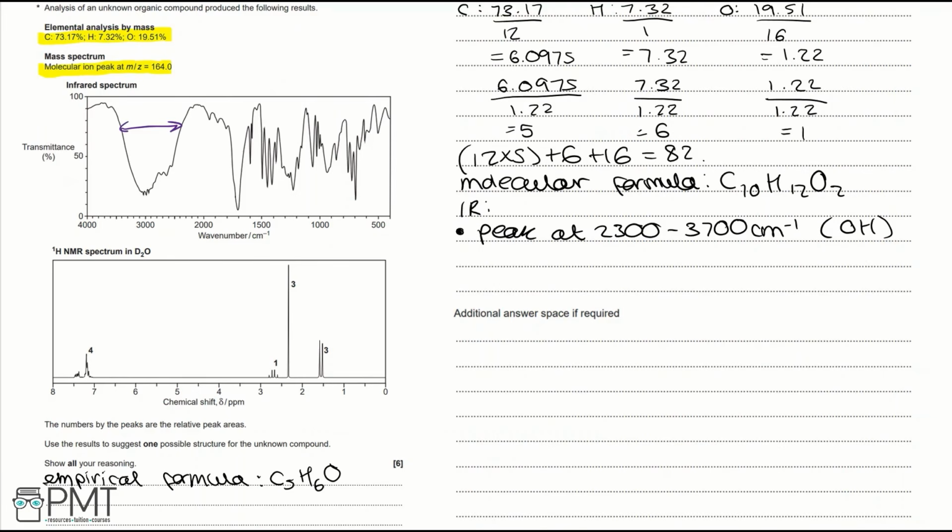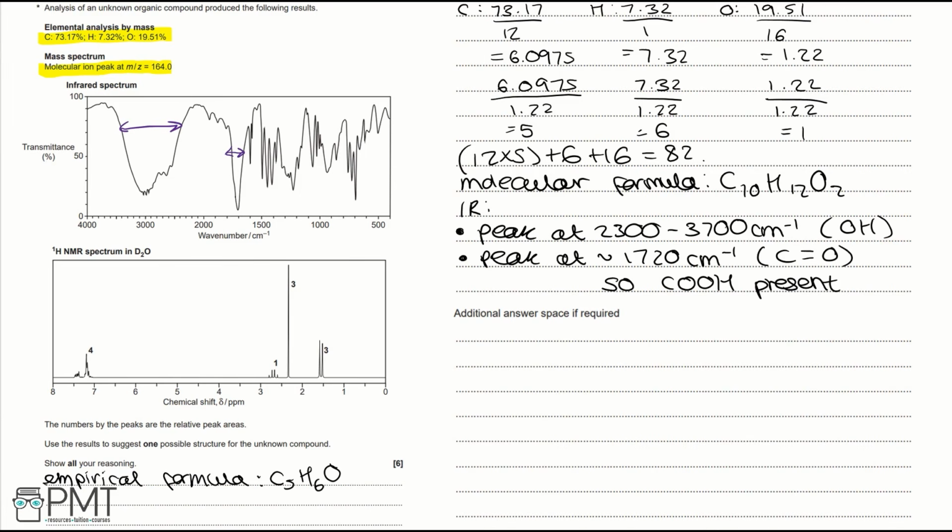The second peak we need to discuss is the peak at about 1,720 centimetres to the -1, and that represents a C double bond O group. So that means that we have a carboxylic acid group present in our unknown organic compound. The peak for the carbon double bond oxygen is the smaller peak on the infrared spectrum here.